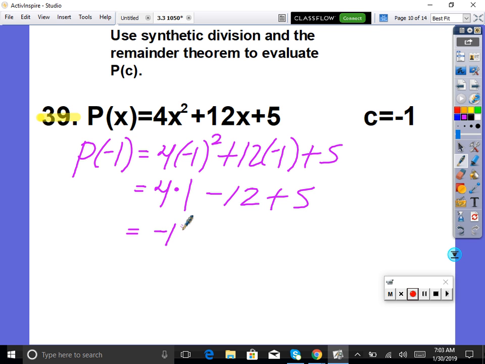Oh, no. 4 plus 5 is 9, right? 9 minus 12. So -3. Sorry, -3. So our remainder is -3. Therefore, is -1 a solution? No. Now that one was pretty quick just to plug in. So we've used the remainder theorem instead of using synthetic division. Pretty straightforward stuff, as long as you know what you're doing.